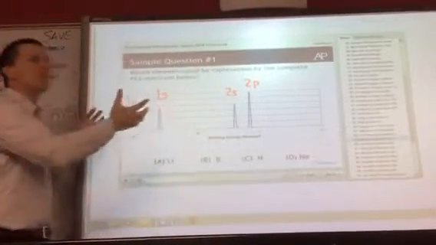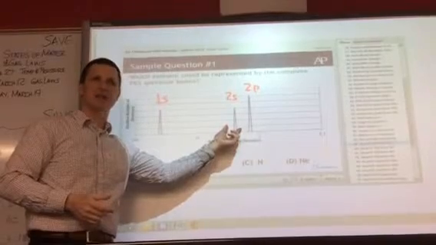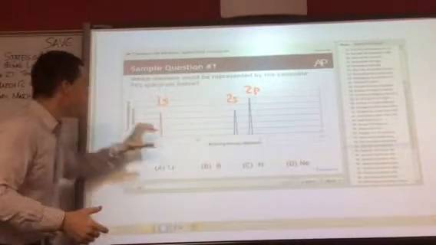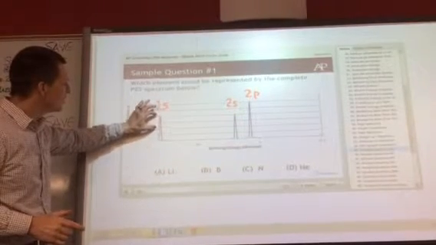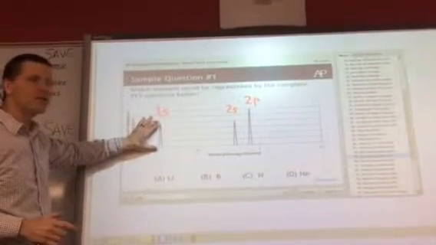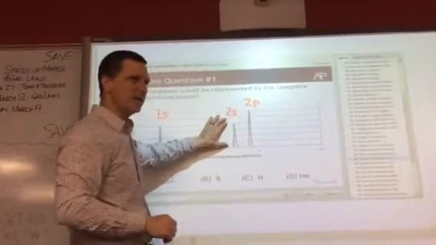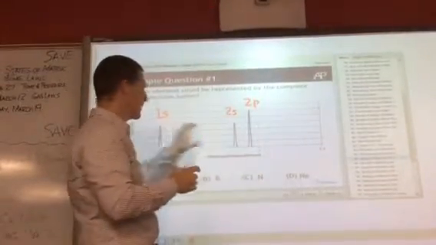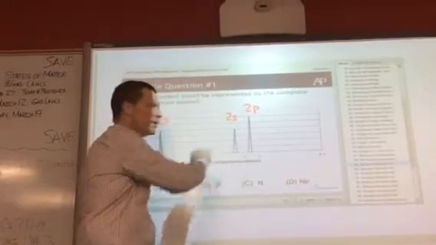Now, they don't give any numbers of electrons on here, but you do notice the first spike is the same size as the second spike. That should make sense. And more specifically, it looks like 2, 4. This first spike is 4 lines high. This spike is 4 lines high. Sounds like, I mean, this is 1s and this is 2s. Sounds like every electron is going to take up 2 lines.